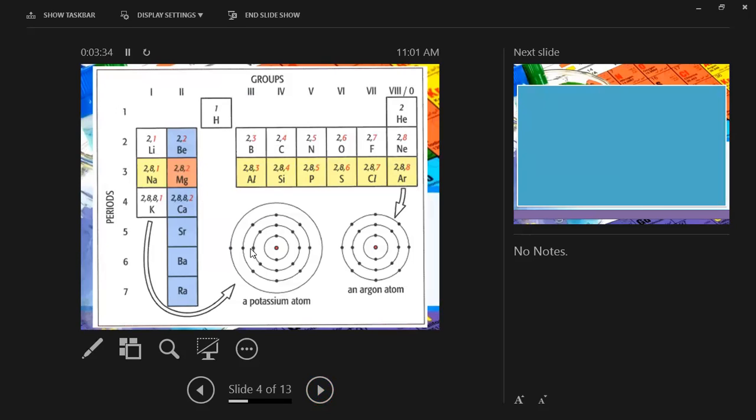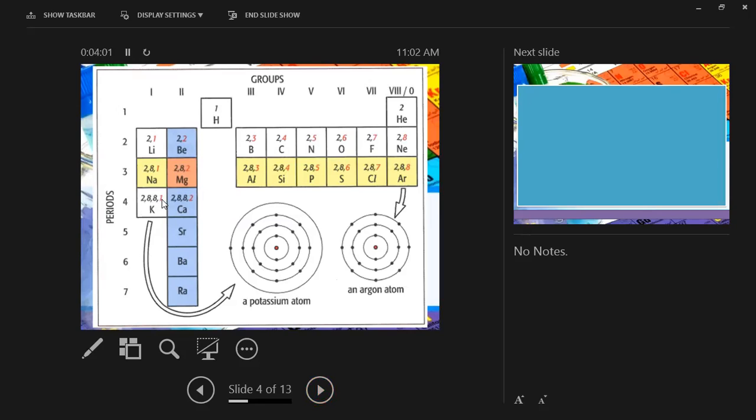Like potassium here. They took the example of potassium now. So how many electrons in total here? 2, 8, 8 and 1. In the first shell 2, second 8, third 8 and in the last shell how many? 1. That's why they put it in group 1.